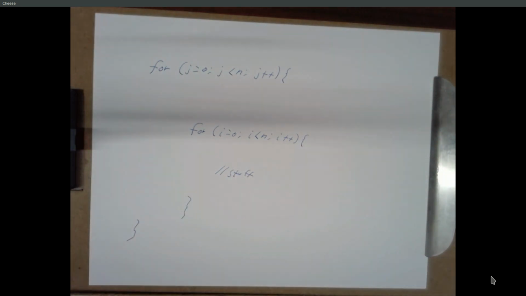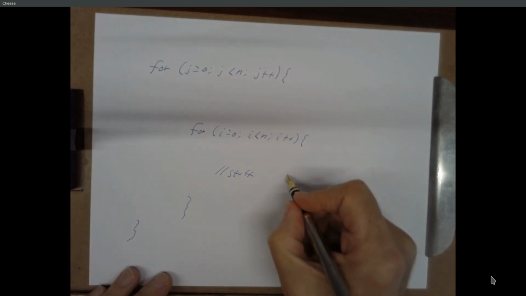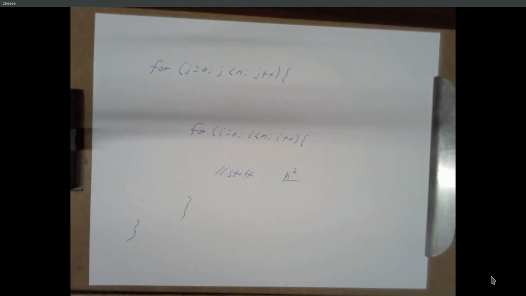So how many times do we execute stuff? Would it be n squared? What do you think? How many people vote for n squared? Only one vote. 2 votes, 3 votes, plus the original. Yes. So it's basically n squared.